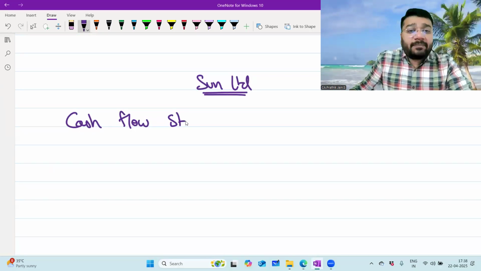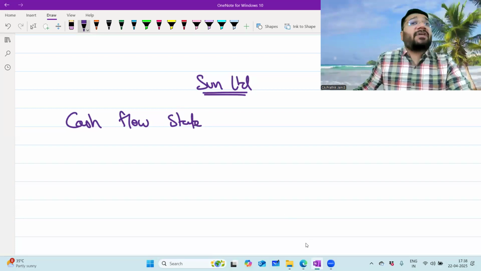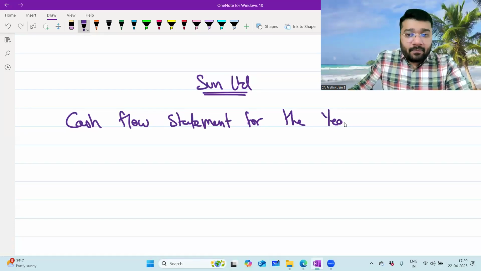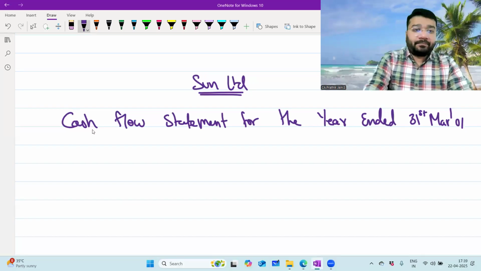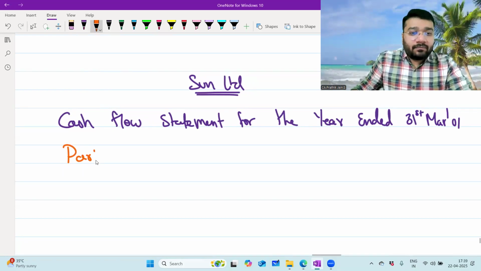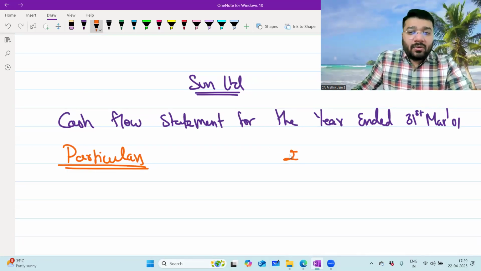Cash flow statement for the year ended 31st March 2001. Particulars, rupees inner column, rupees outer column.